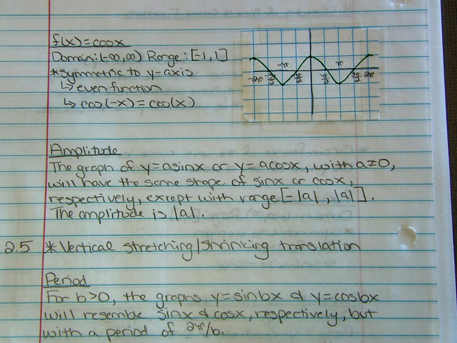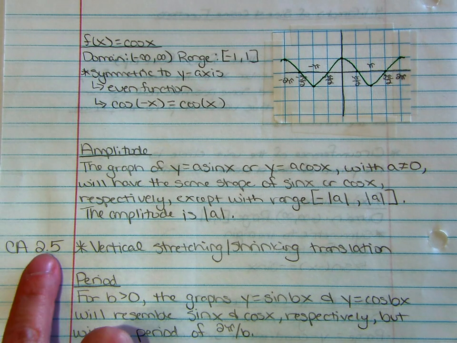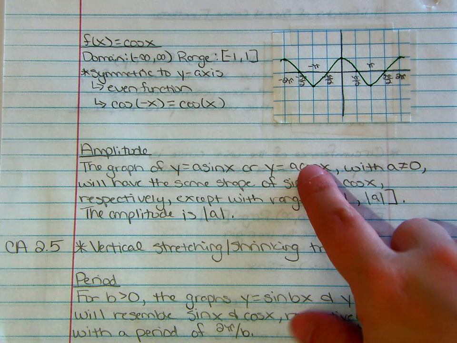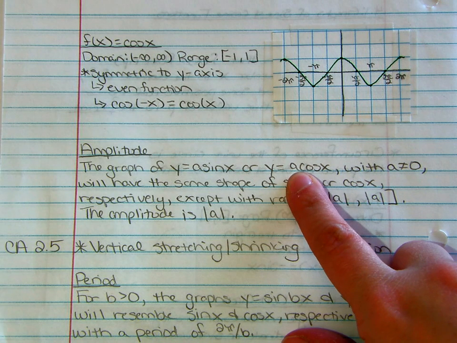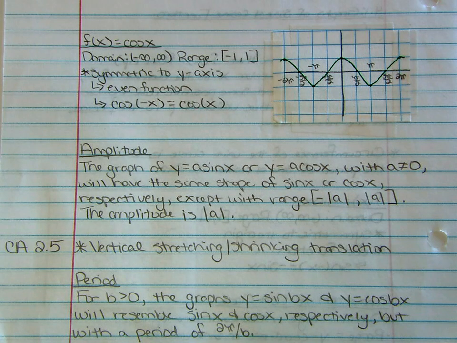What this is actually connecting to, let me shift over just a tiny bit, is right here, College Algebra 2.5, which I've already mentioned once before. It's the vertical stretching and shrinking translation. So in college algebra, we learned that if that letter out in front is a fraction, then our graph shrinks. If it's between 0 and 1, our graph gets smushed together.